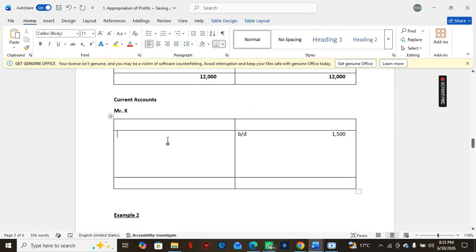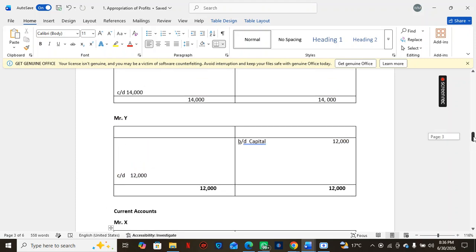Drawings 1,500. Because remember, when you do drawings, you're removing money from your account and from the business for your personal use. So drawings reduce how much money you and the business have.